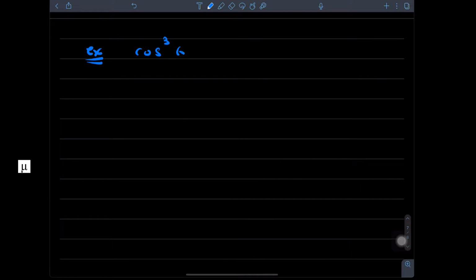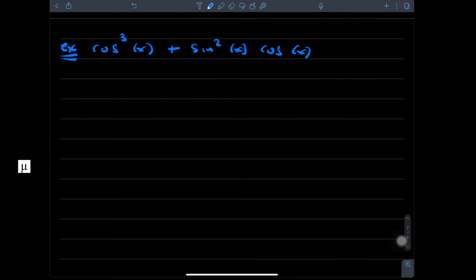Cosine cubed x plus sine squared x cosine x is the same as cosine x. Okay. Left-hand side equals the what? Right-hand side.